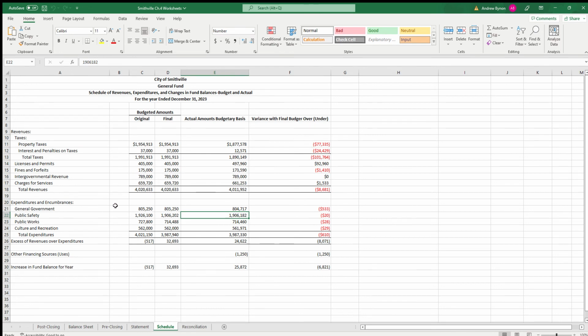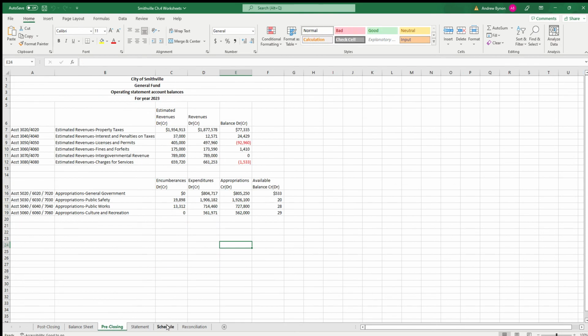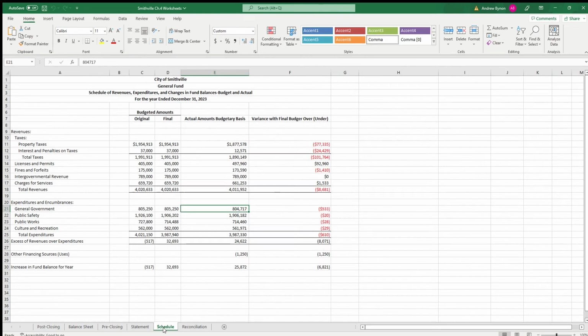Then for expenditures and encumbrances, I of course put the expenditures amount from here and there. But for these, the book didn't do well. Like I said, through trial and error, I decided to go with appropriations minus their encumbrances in this one here.